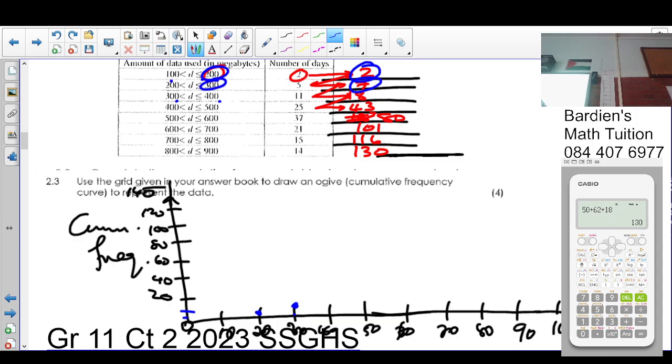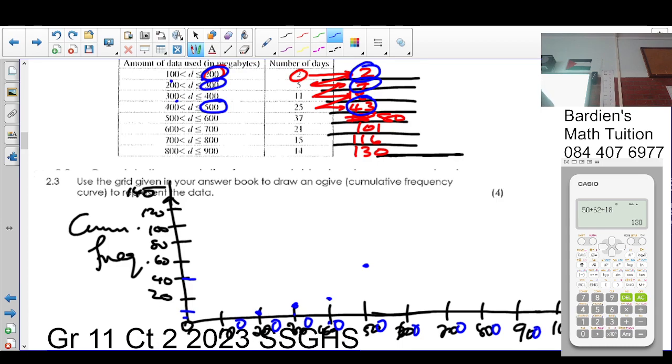Then 400 and 18, just above a bit more than that. Then 500 and 43, just above 40.